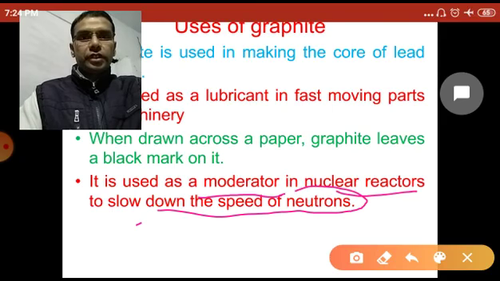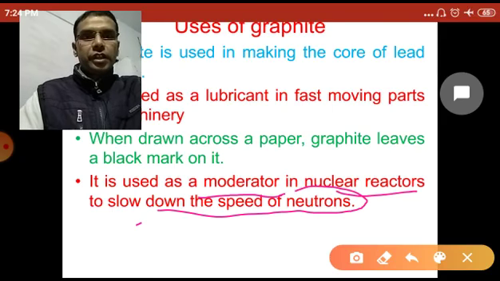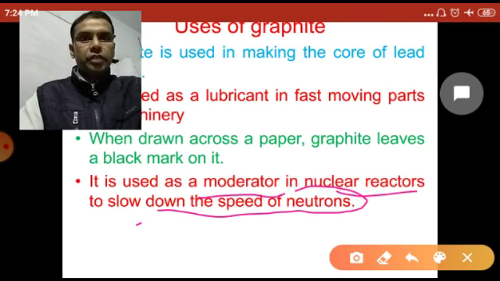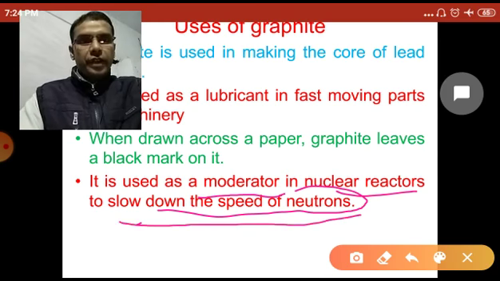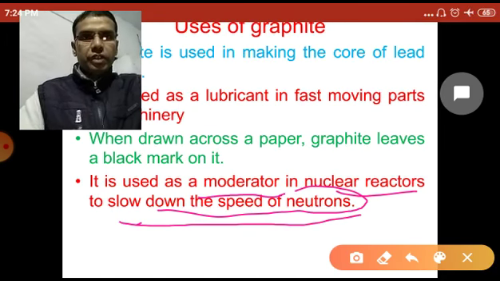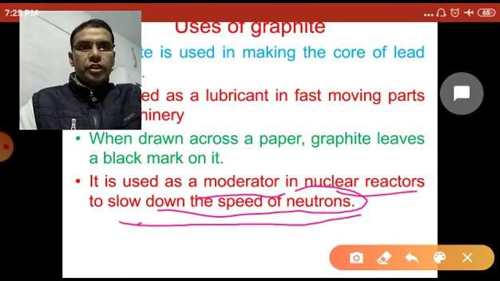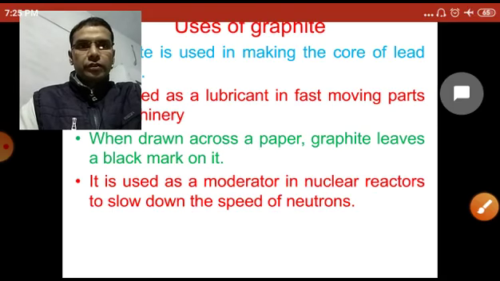So for controlling the radioactivity of the uranium by slowing down the speed of neutrons, we use graphite, which moderates the speed of neutrons.